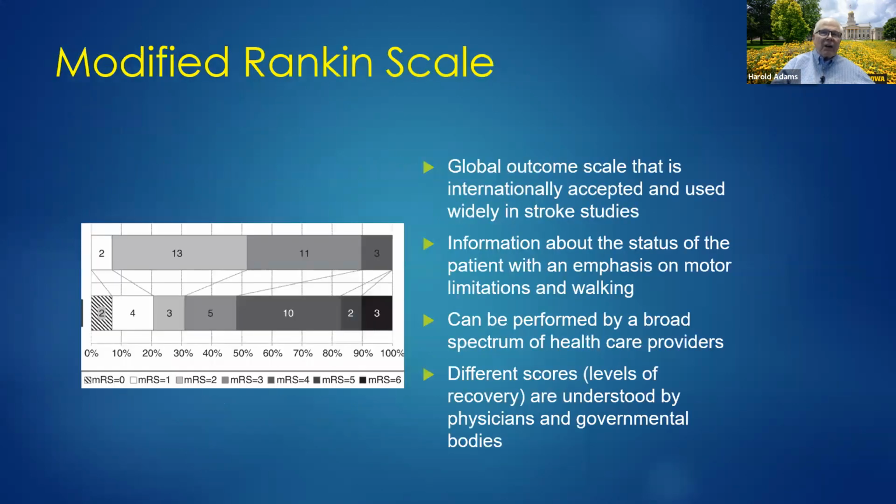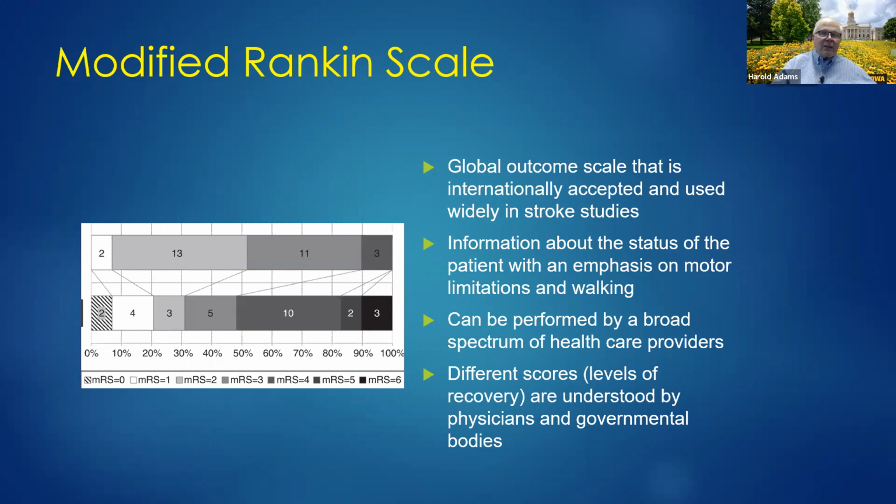So here's the modified Rankin scale. And you can see the shift analysis that was used to determine responses in a clinical trial. The Rankin scale has been internationally accepted and is used widely in stroke studies. As I mentioned, it has an emphasis on motor function.